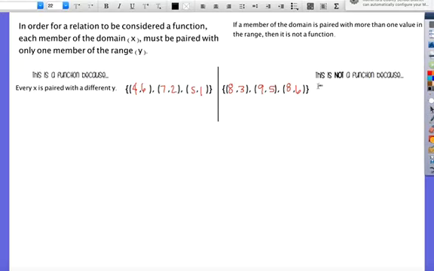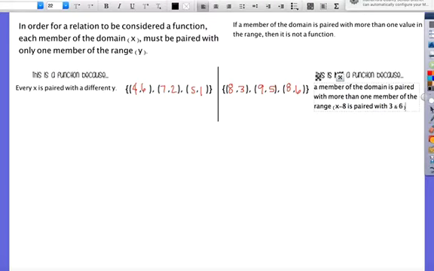The reason that it is not a function is because a member of the domain is paired with more than one member of the range. And so you might want to say X equals 8 is paired with 3 and with 6. And that makes it not a function.